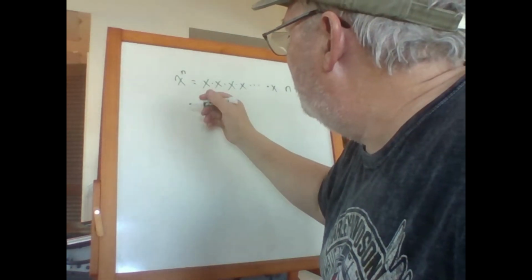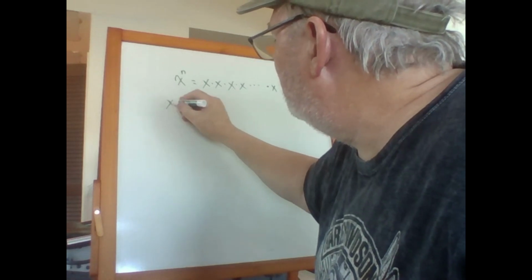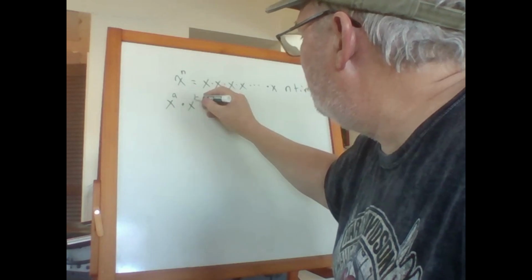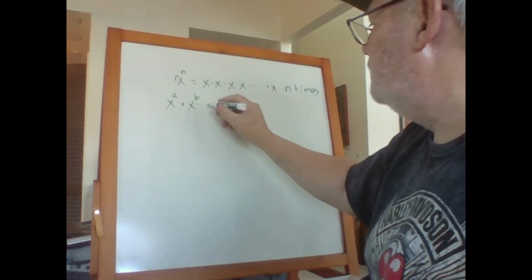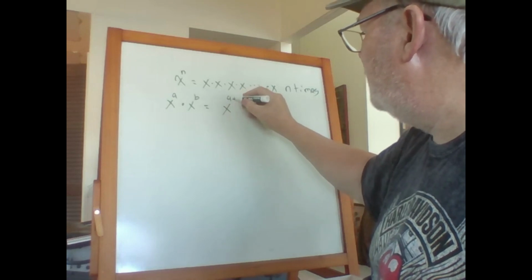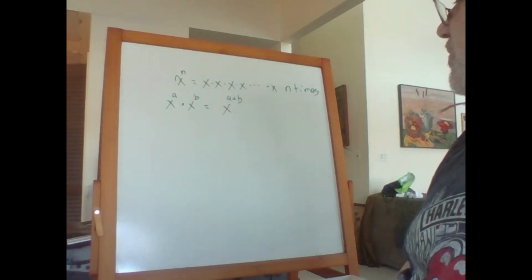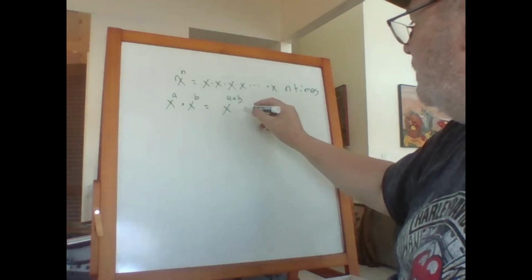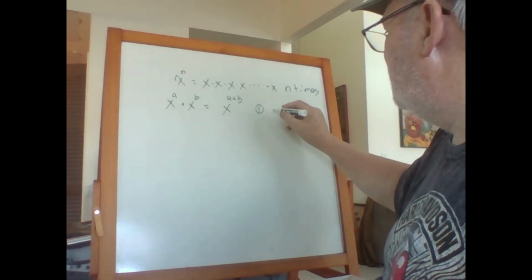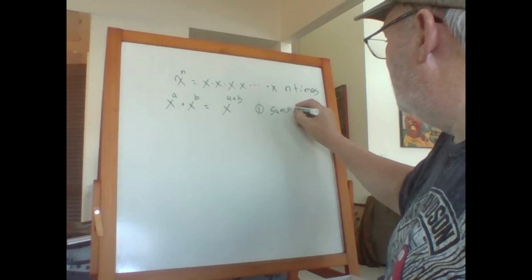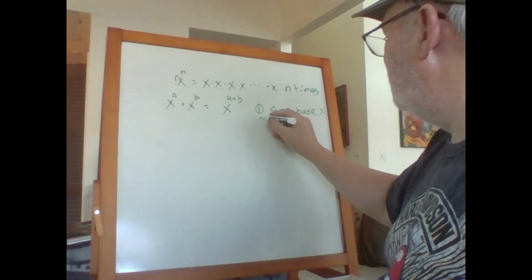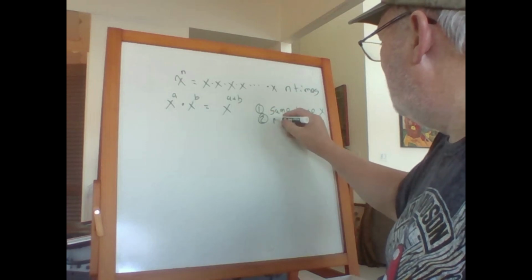Then we have x to the a times x to the b is equal to x to the a plus b. That's very important. But the important thing here is, one, that it's the same base, x, and two, it's a multiplication.